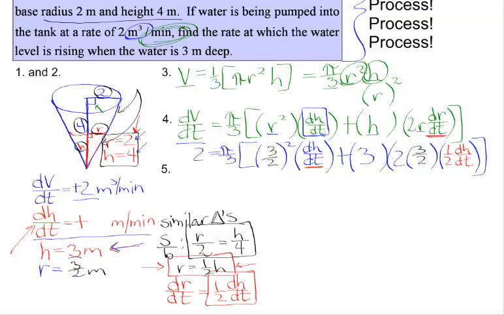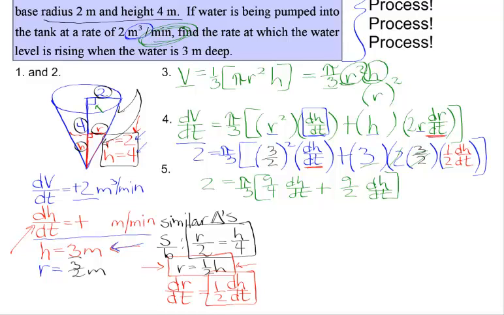We're down to step 5, which is the algebra of solving this equation for dh dt equals. So let's clean this up a little bit. 2 equals pi over 3 times 9/4 dh dt plus, those cancel, 3 times 3 is 9 over 2, 9/2 dh dt.